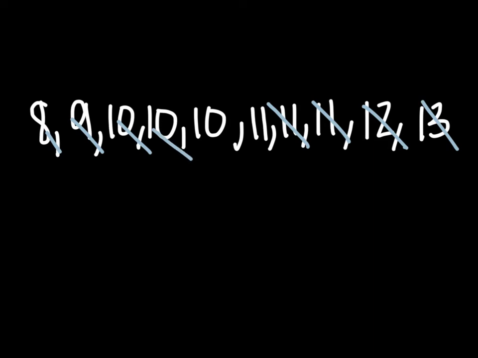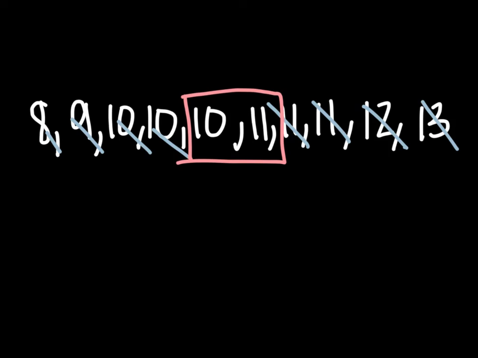Now, you're going to notice something. If I cross off the 10 and 11, I don't actually have a middle. That's because right now, this data has 10 points, and 10 is an even number. So if I count evenly, I'm going to get 5 and 5. In this situation, we have to look at the 10 and the 11 at the same time and find the middle of 10 and 11.